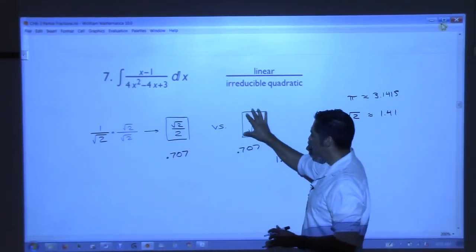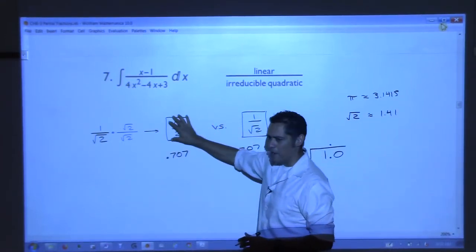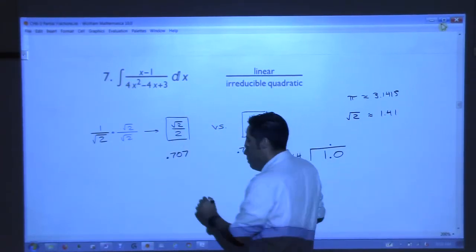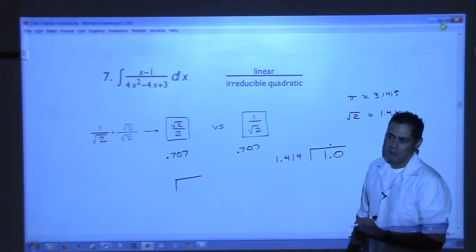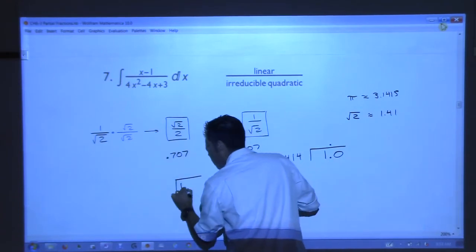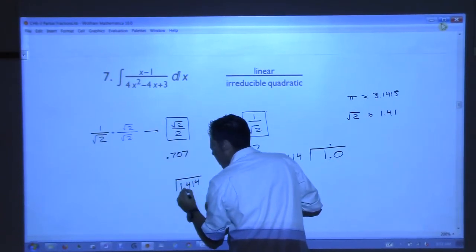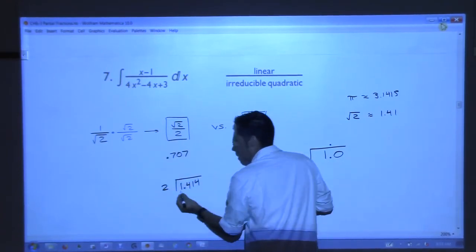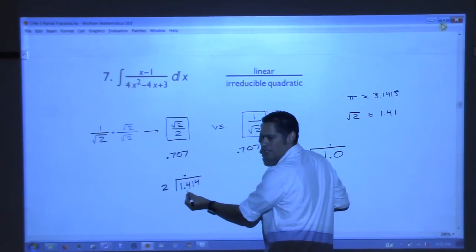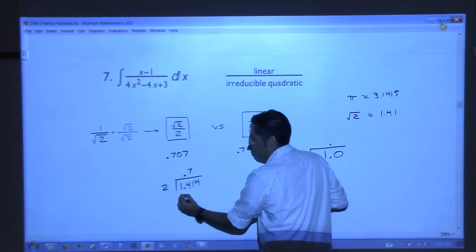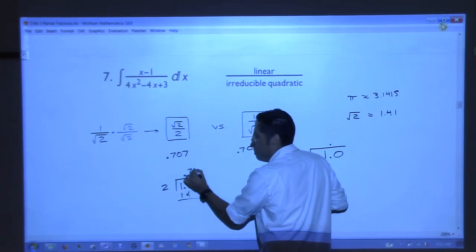Now, instead of doing it this way, let's do it this way because it's the same answer. So now when I do the division box, what goes in the division box? The root 2, which is 1.414. What's on the outside? 2. Does 2 go into 1? No. Bring your decimal up. Does 2 go into 14? 7 times. Bring down this. Then you just do arithmetic.